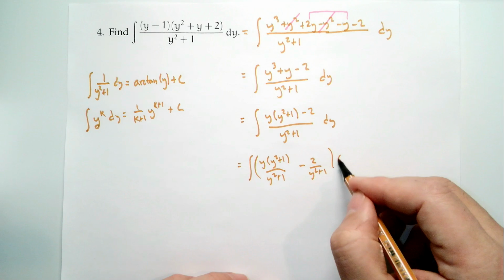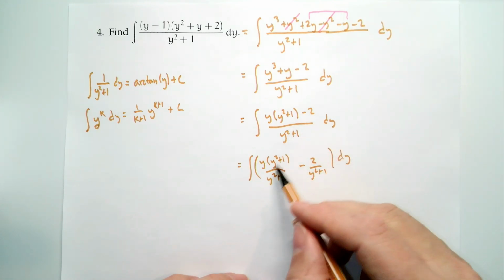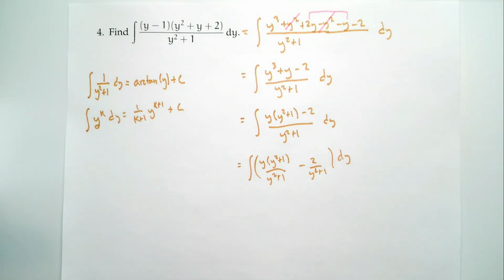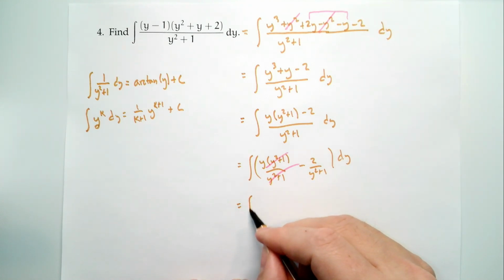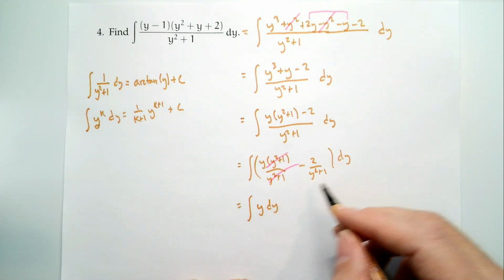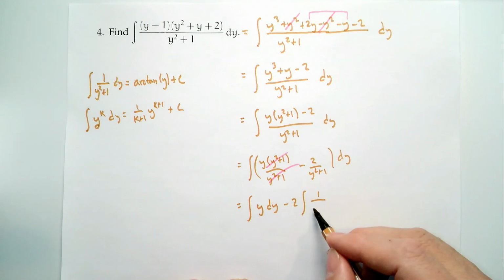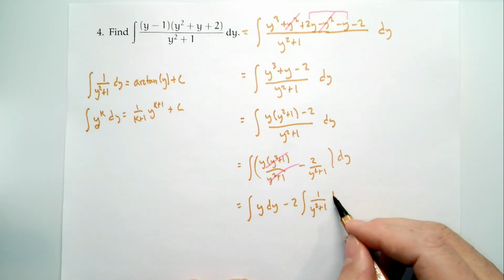So again, taking advantage of our subtraction upstairs. The y squared plus 1s now cancel. All right. So we have the integral of y, and I'll just do that integral, then minus 2 integral 1 over y squared plus 1.